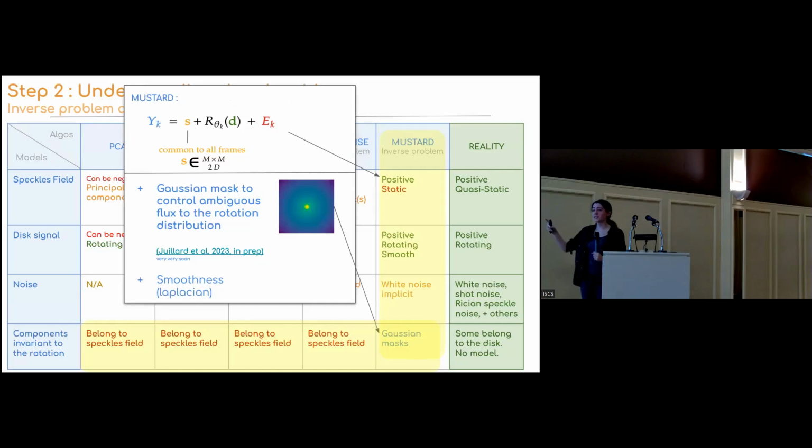But we will need to define the width of the Gaussian and the overall shape. And so yes, that will influence the way our estimation will be. This is not perfect. This is like an interpretation.